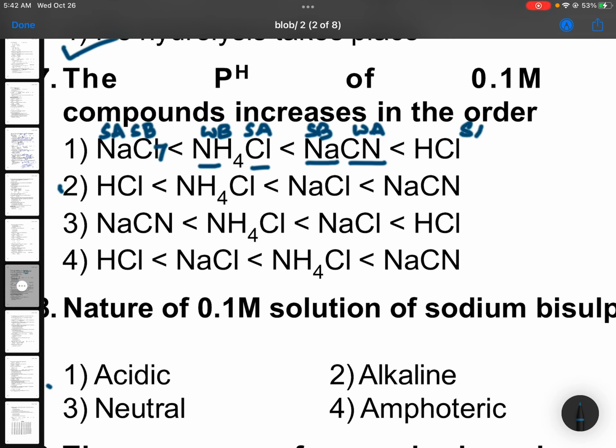HCl is strong acid, so pH is close to 0 or 1. So HCl should be minimum. Then strong acid, weak base case; here both are strong, and here weak acid, strong base. Above 7, exactly 7, below 7, close to 0 or 1.